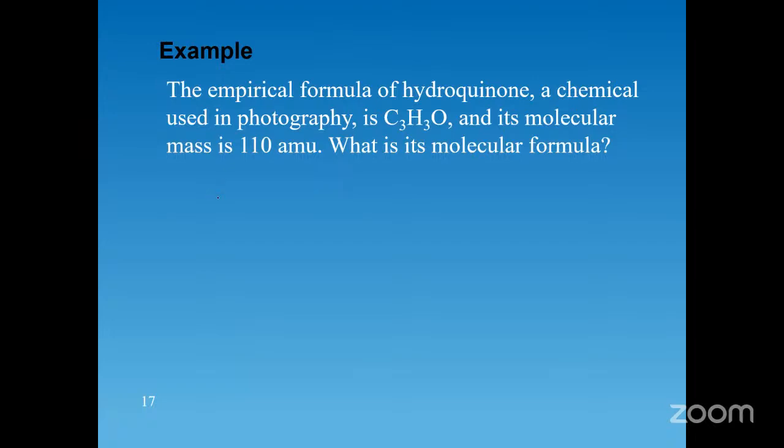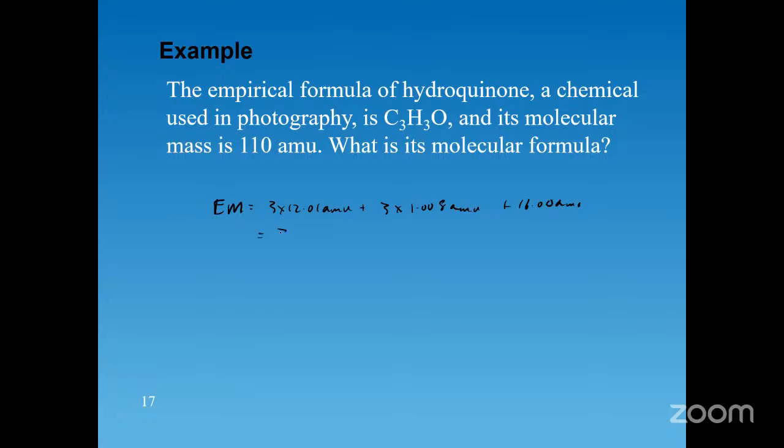First thing I would do is try to find the empirical mass. We get that by adding up the atomic masses of each of the elements. Plus 3 times 1.008 AMU plus 16.00 AMU.